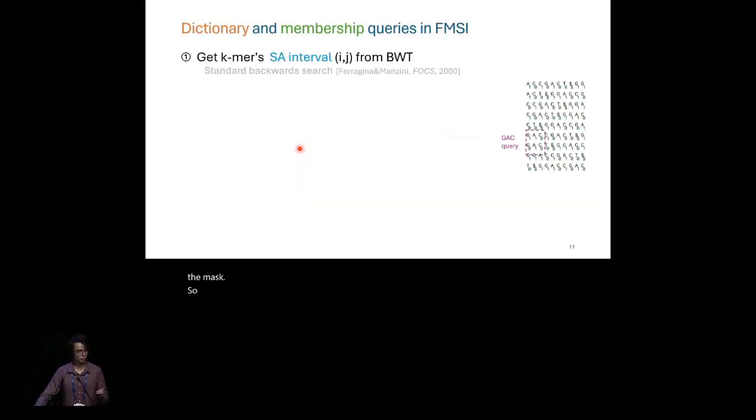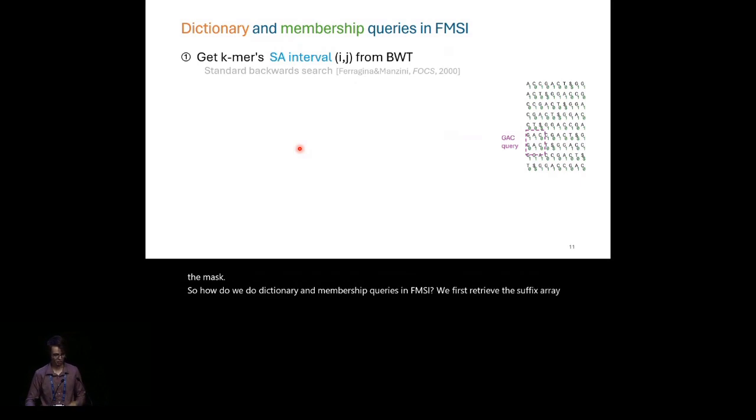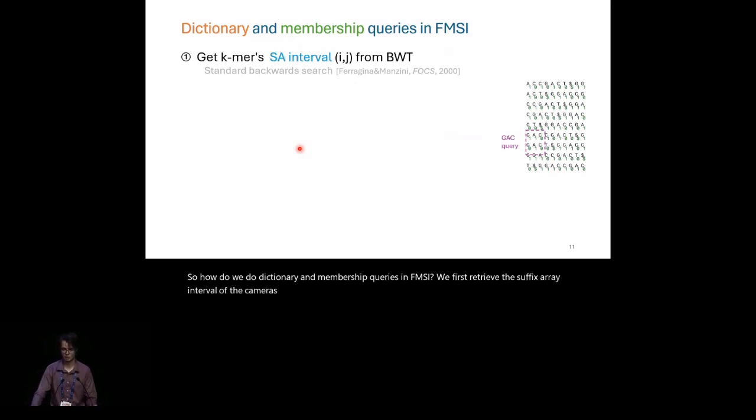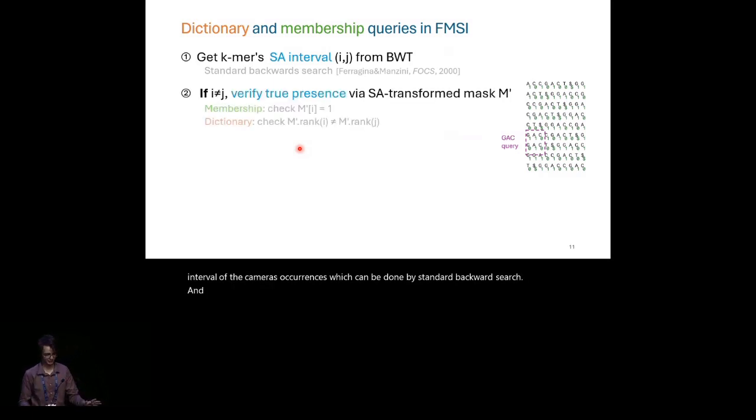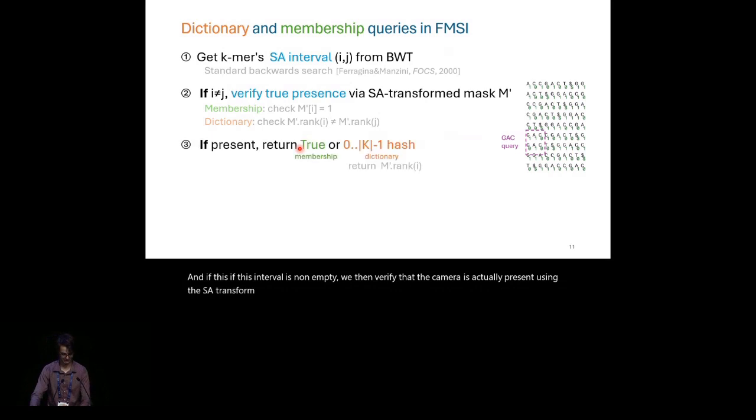So how do we do dictionary and membership queries in FMSI? We first retrieve the suffix array interval of the k-mer's occurrences, which can be done by a standard backward search. And if this interval is non-empty, we then verify that the k-mer is actually present using the SA transformed mask.